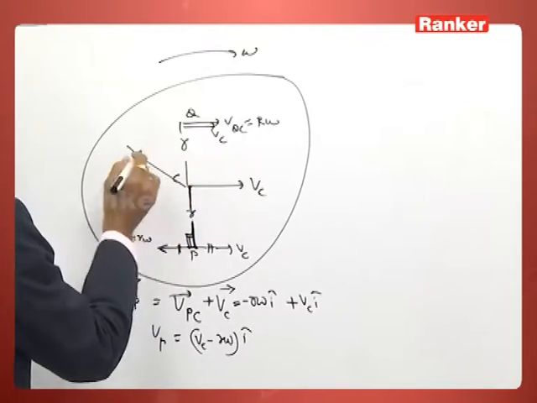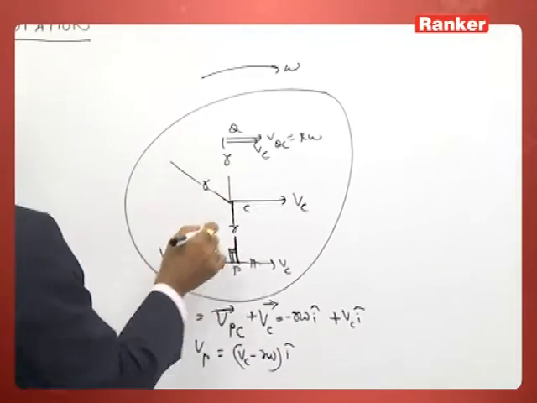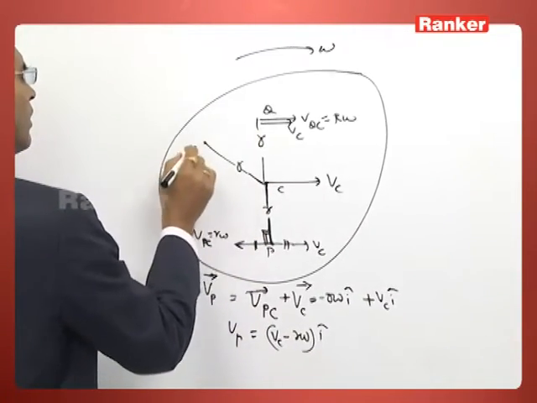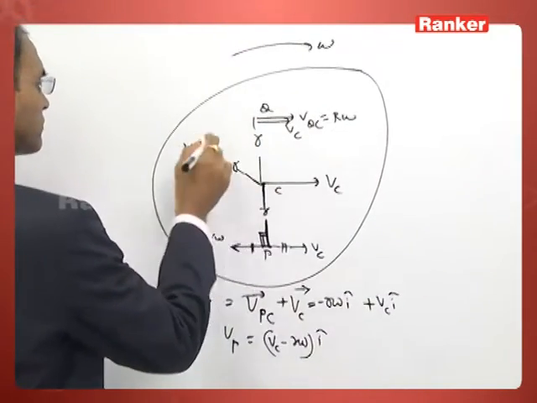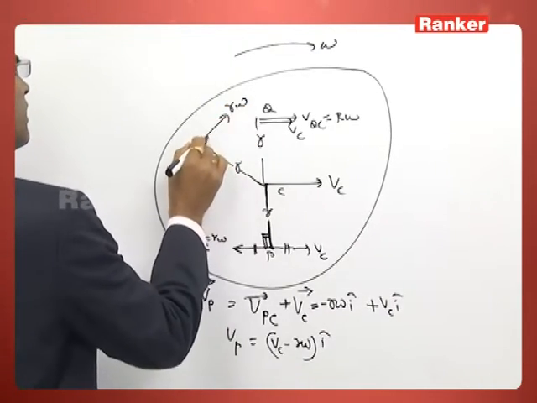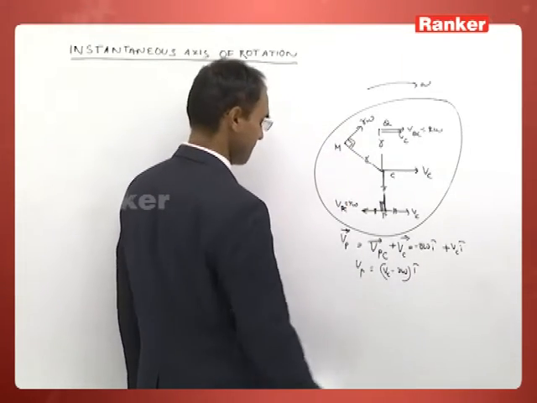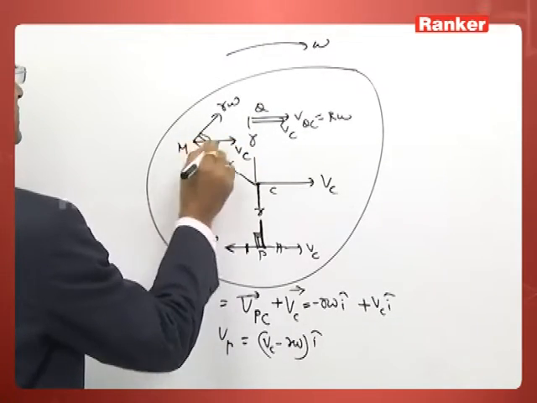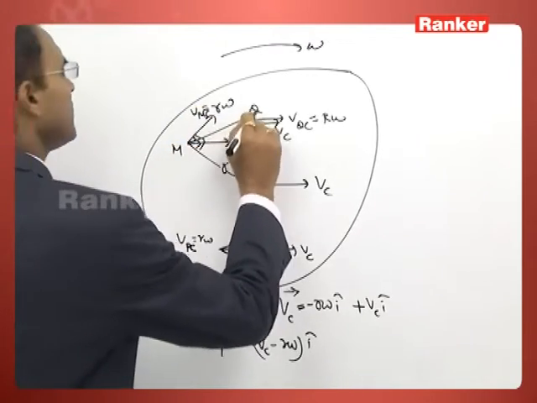At some other point, at a distance of r, which is a variable, suppose M, this point may move in this direction with the velocity r omega perpendicular to the radius vector, and velocity of C will be in this direction. If you add these two, you get the velocity of M in this direction.